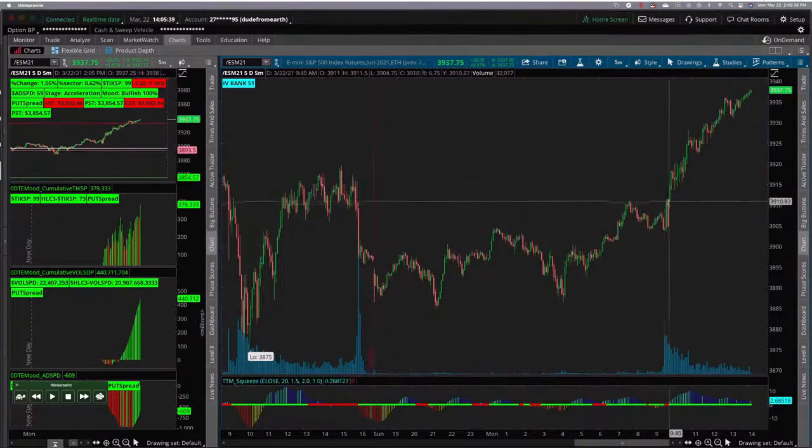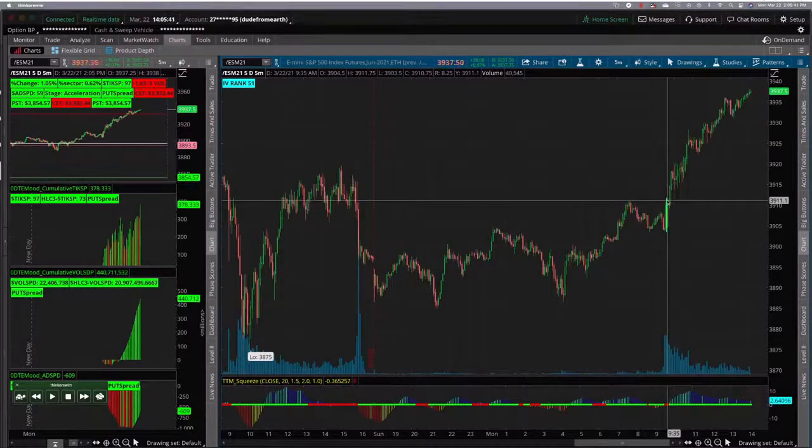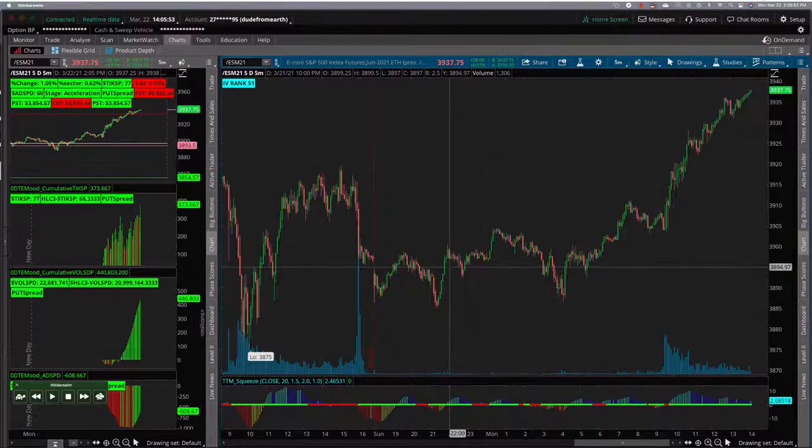So you would have entered here with a credit spread, probably with a great deal of risk. When I entered here, I entered with a total of $60 risk with a potential of $600 upside.